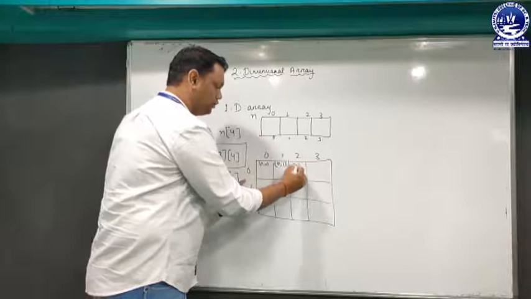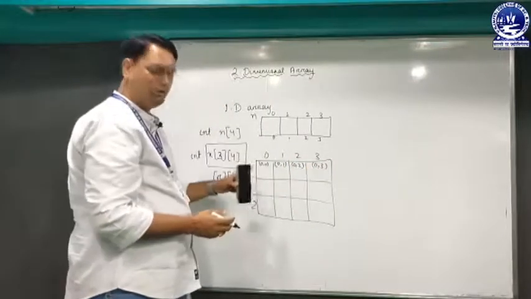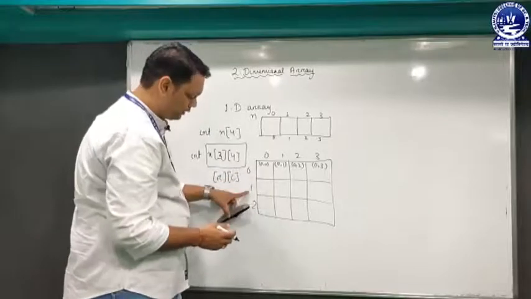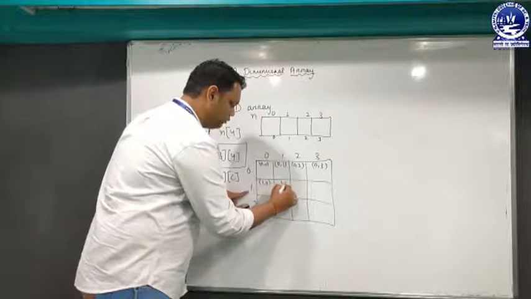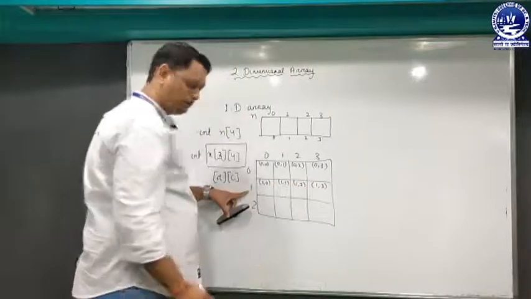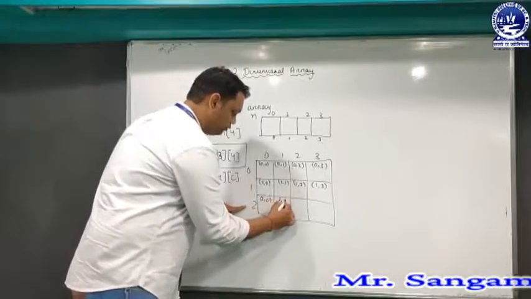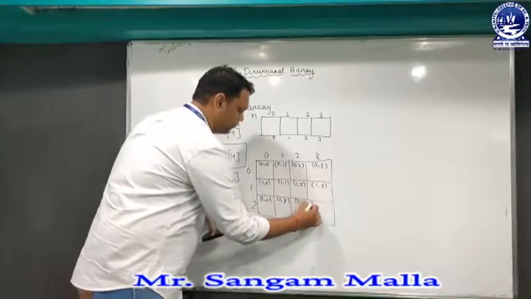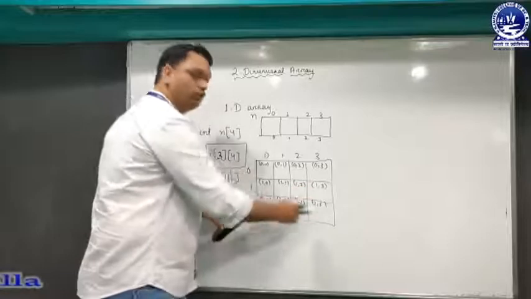Similarly it will be 0,2, then 0,3, and in this way it will continue. In row number 1 I will have 1,0, 1,1, 1,2 and 1,3. Similarly in row 2 it will have 2,0, 2,1, 2,2 and 2,3. So these are the index values of the 2D array.